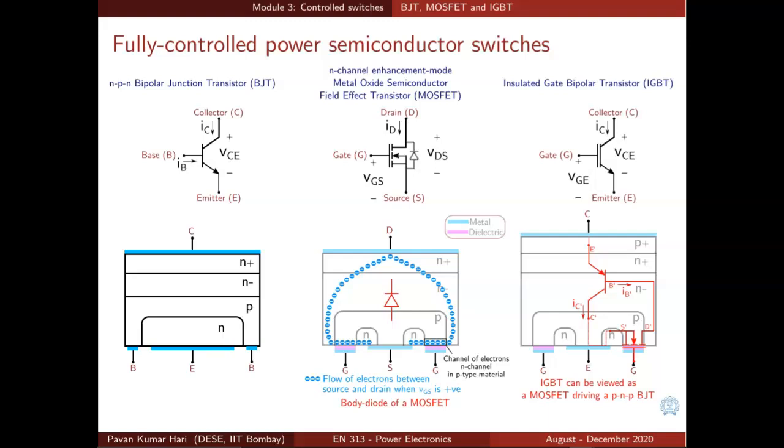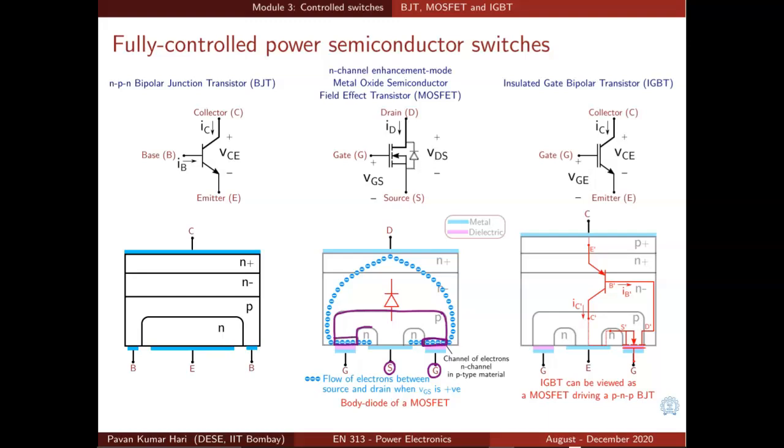And how does the conduction happen in a MOSFET? It is illustrated here. When you apply a positive voltage at gate with respect to source, so when VGS is positive, due to the electric field created by this positive potential, the electrons in this p-type region, this is known as substrate, which are minority carriers, are attracted towards the boundary and a channel of electrons is formed.